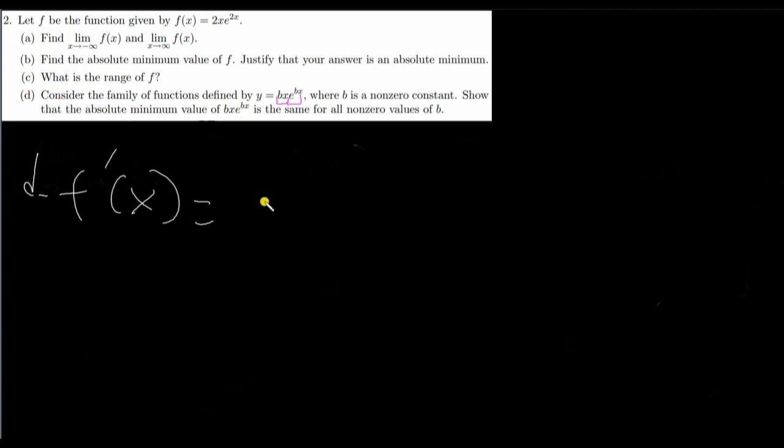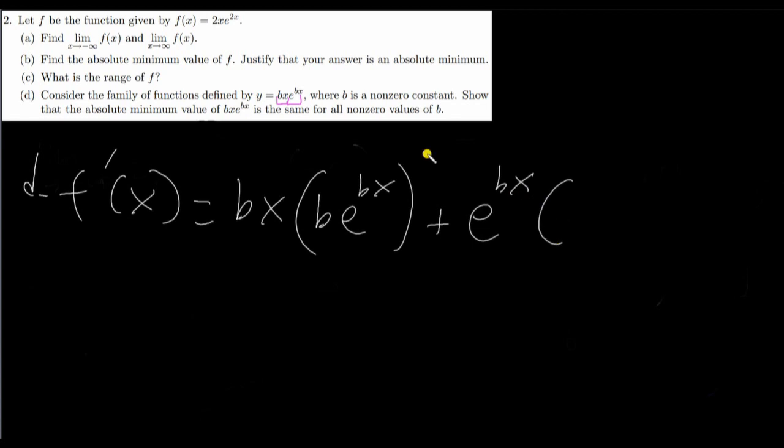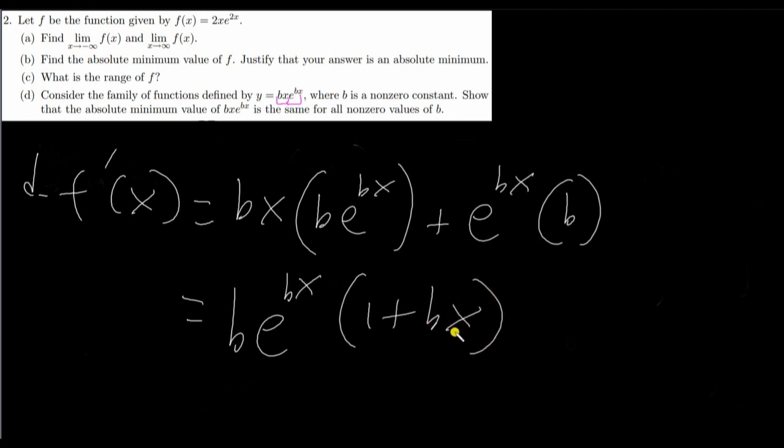So we're going to have bx times the derivative of e to the bx, which is b e to the bx. And then we're going to add e to the bx times the derivative of bx, which is b. I can pull out the b e to the bx on both sides, and I'm going to get b e to the bx times 1 plus bx, right?